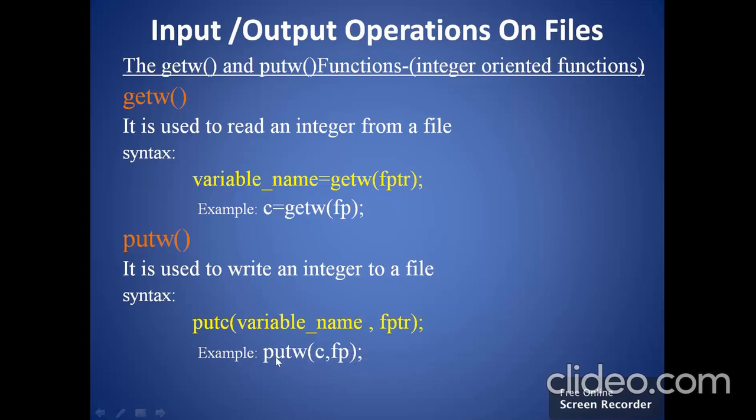Here putw is the function used to write an integer to a file, then C is the variable name, then fp is the name of the file pointer. Actually, what happens here is, with the help of this putw function, the integer present in the variable C will be copied into the file.